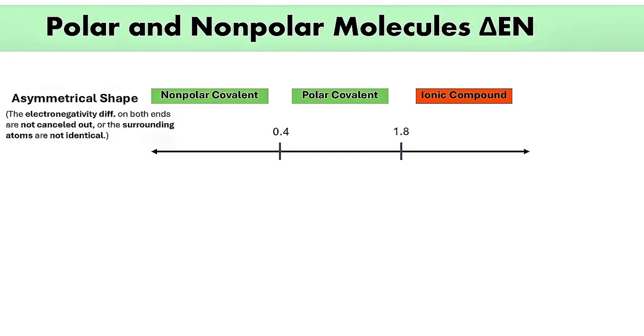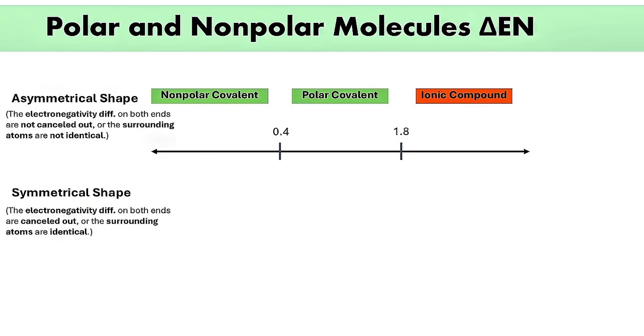That's why we call that an ionic compound. One is giving its electron or electrons, and one is receiving the electron or electrons. Now, that is true for all asymmetrical shapes. Nonpolar for less than 0.4 difference in electronegativity. Polar if it is between 0.4 and 1.8. Ionic compound if it is beyond 1.7 or 1.8.